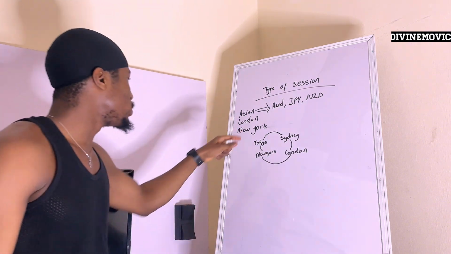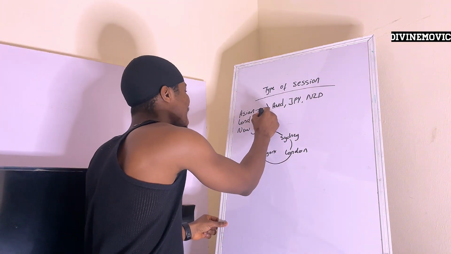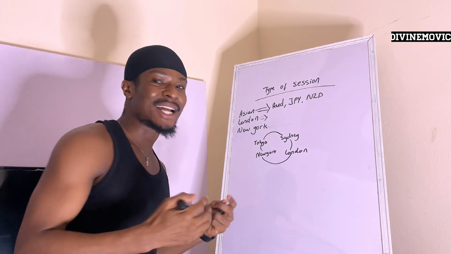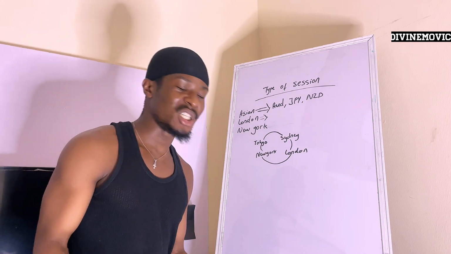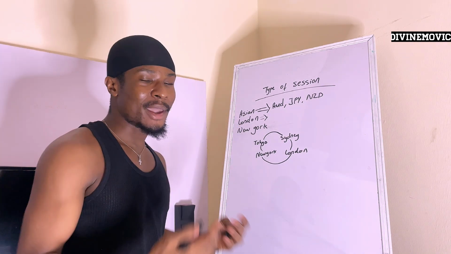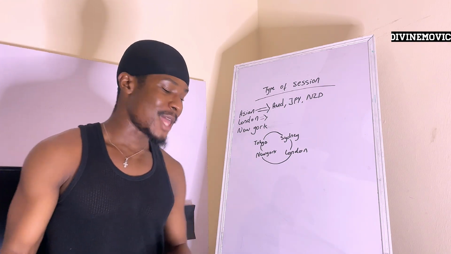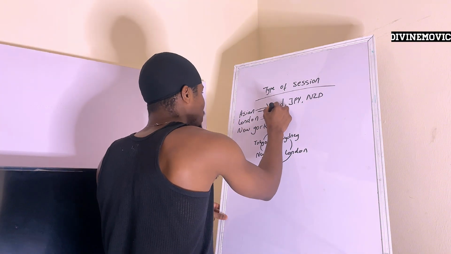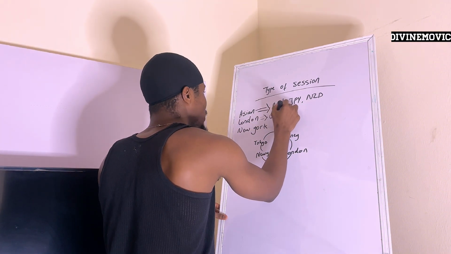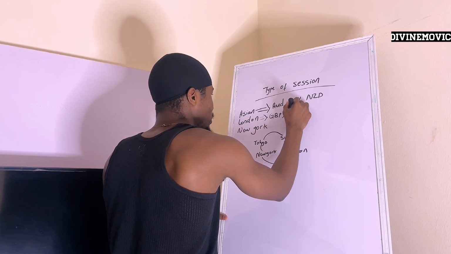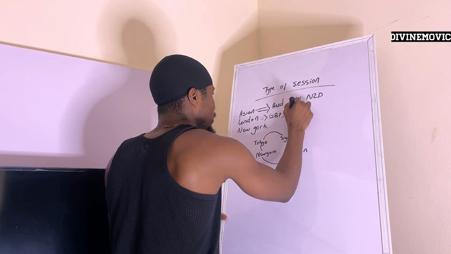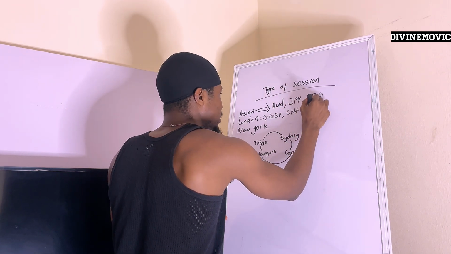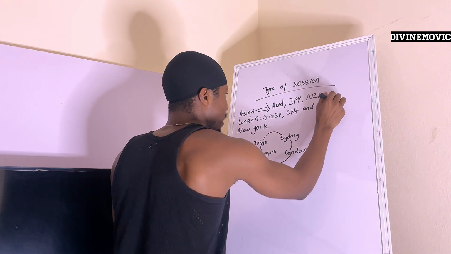Now, when it comes to the London session, it has a pair that it favors. Very good English. The London session also has a pair that it favors. This particular session favors the GBP pairs, CHF, and the Euro pairs.